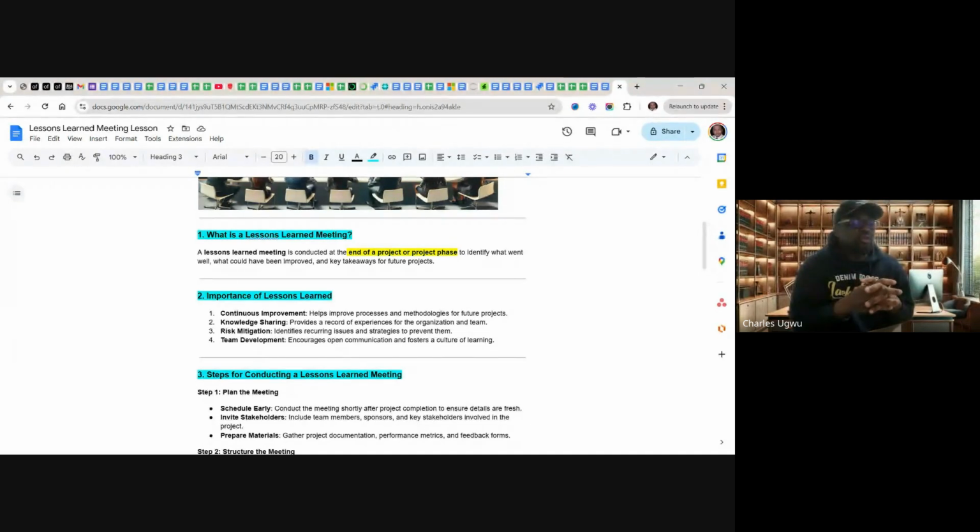All the resources you are going to need, they have them. If you go to their project management office and look for lesson learned within similar projects you are executing, you should have a lot of information: what people have been doing, challenges, and things like that.